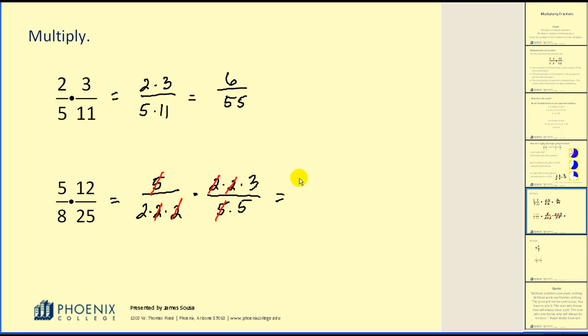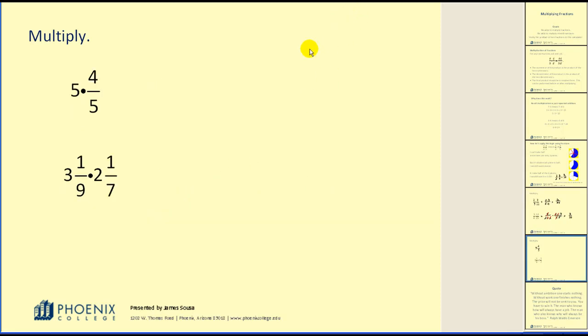So on top we would have 3. And on the bottom we would have 2 times 5, so our product would be 3/10. Now these factors aren't disappearing, they are turning into 1s. Just kind of keep that in mind. Okay, 5 times 4/5. Again, the rule says that these both need to be in fraction form.